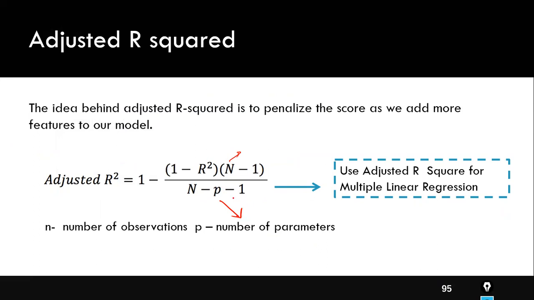See what happens: adjusted R squared adds a penalty if you keep adding irrelevant independent variables to your model. How? Because in the denominator, n minus p minus 1, they've included p, the number of columns or features. If the value of the denominator increases, your adjusted R squared value will reduce.